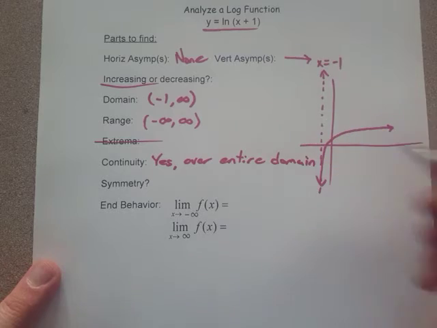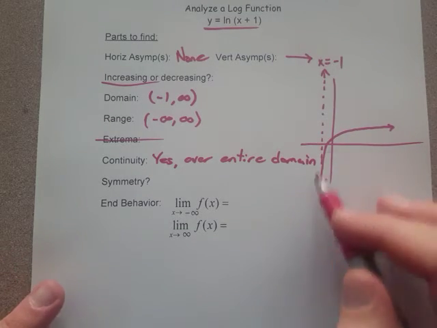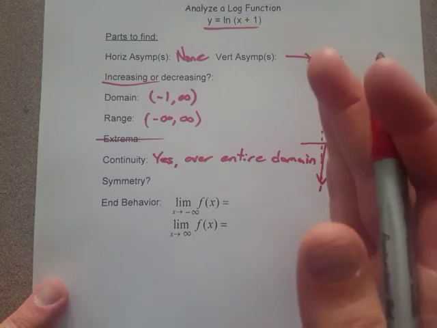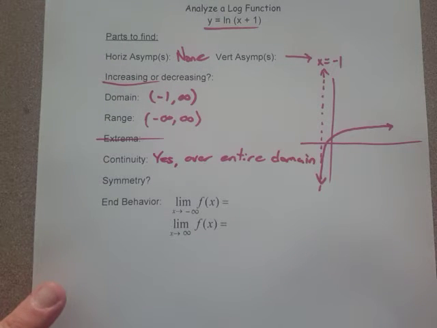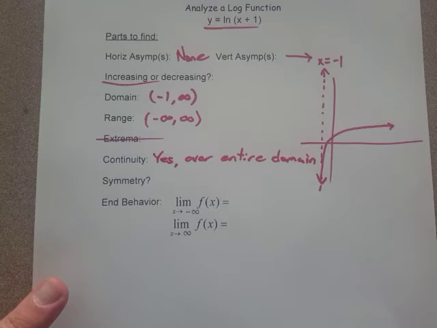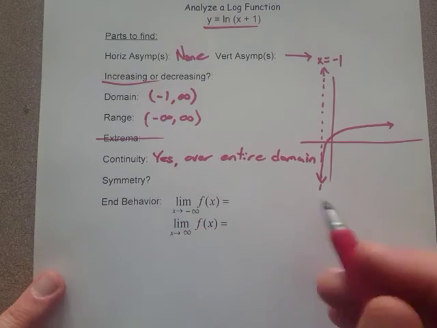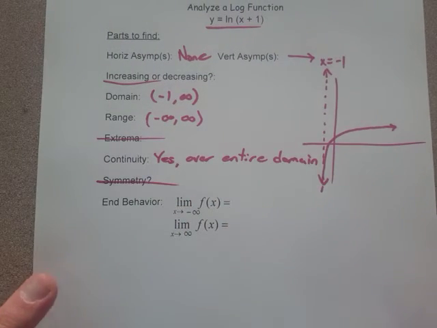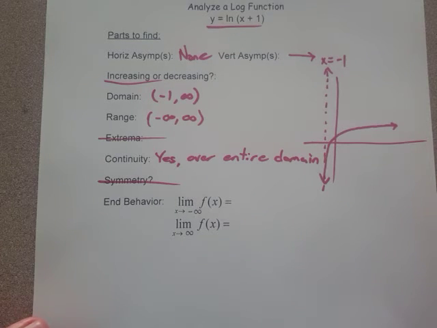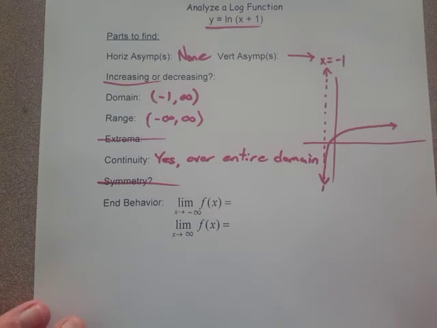Now there are some parts of the graph where this thing doesn't exist. It gets cut off right here and it doesn't go to the left, so that's the only reason I mentioned that part. Symmetry, there is none. It's not symmetric through the origin. It also isn't symmetric over the y-axis, so there's no symmetry here.